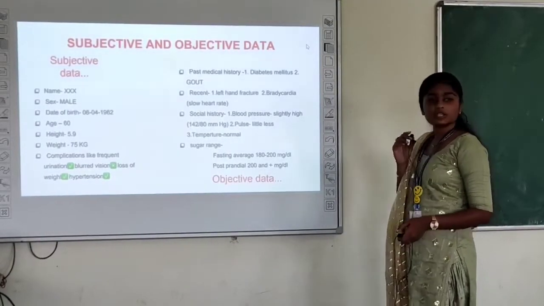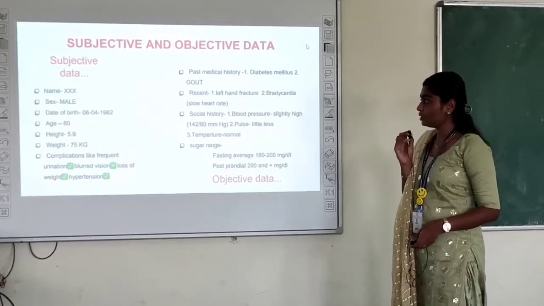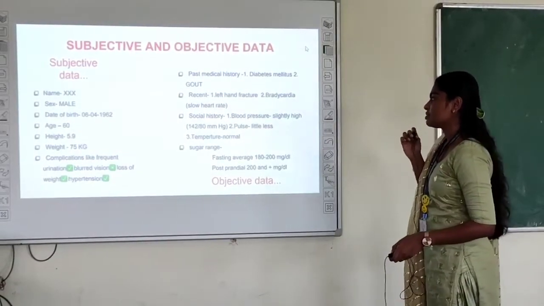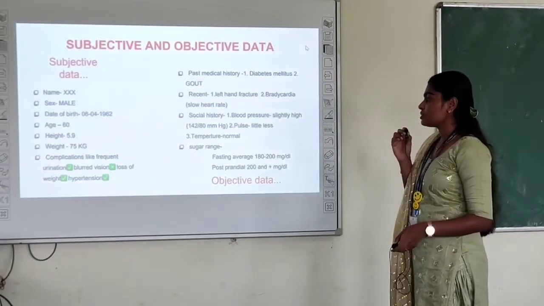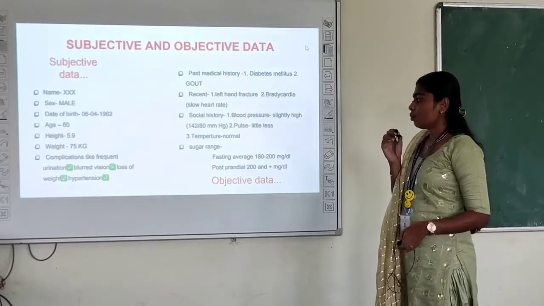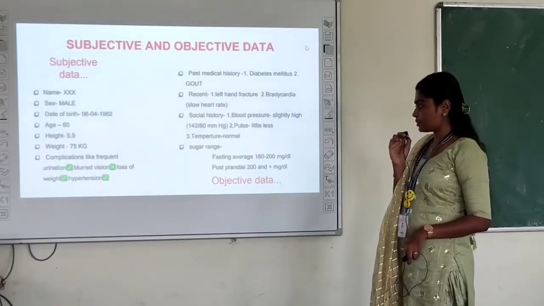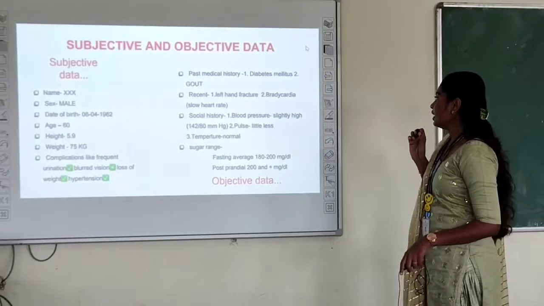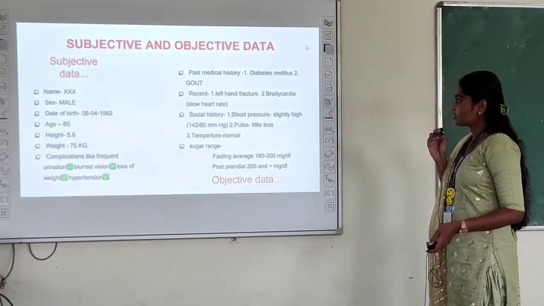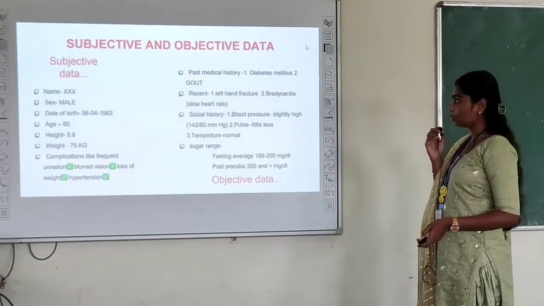These are the subjective and objective data of the patient. Subjective data: name, sex, date of birth, followed by age, height, weight. Complications of patients: frequent urination was there, blurred vision was absent, loss of weight was there, and hypertension was there. Objective data: past medical history of patient includes diabetes mellitus and gout.